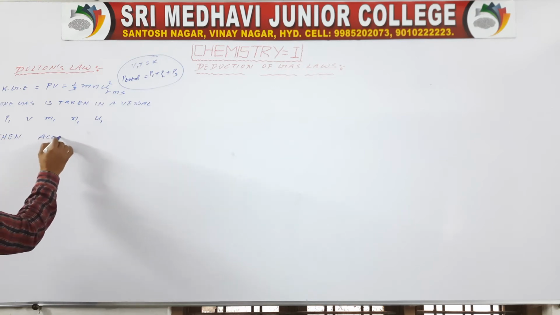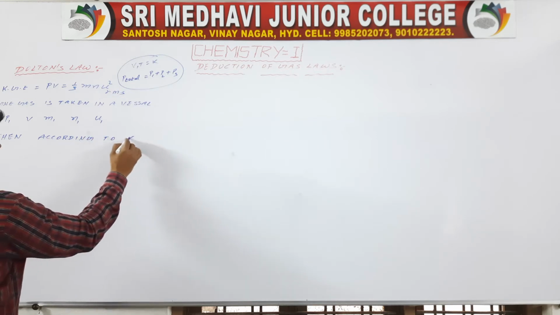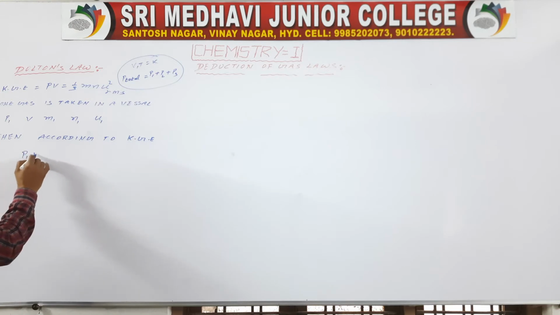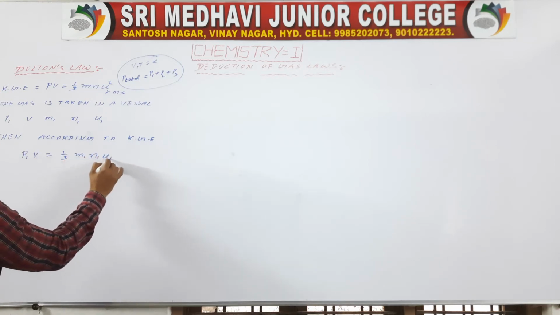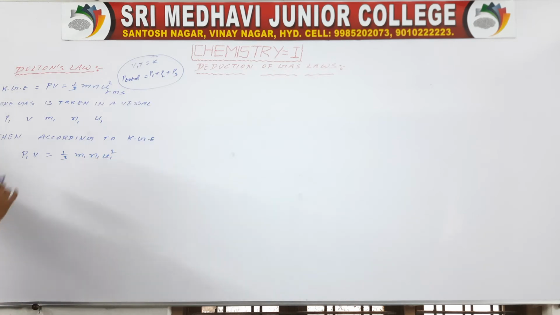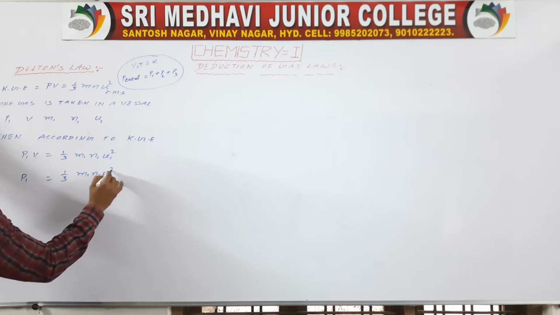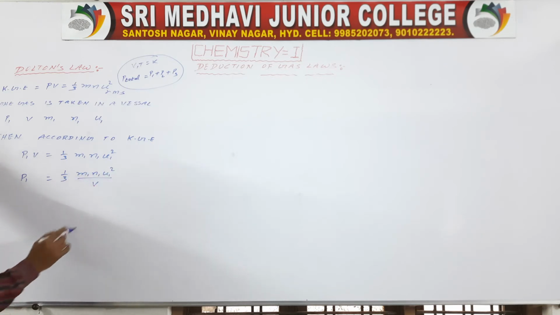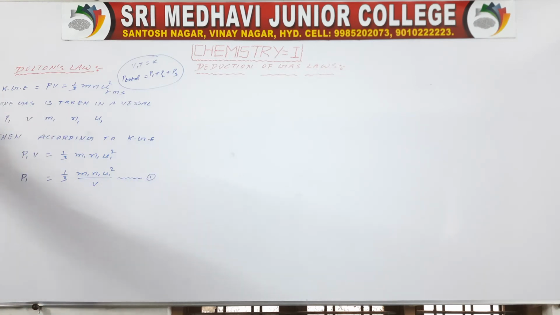According to the kinetic gas equation, P1 V equal to 1 by 3 m1 n1 u1 square. I want P1, so P1 equal to 1 by 3 m1 n1 u1 square by V. It is equation number 1.